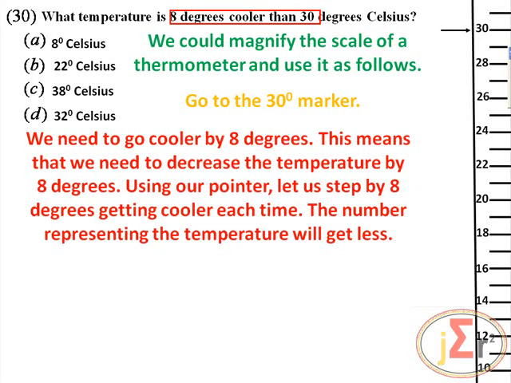Using our pointer, let us step by 8 degrees, getting cooler each time. The number representing the temperature will get less. So for a cooler temperature, we will have a smaller number, and we are going cooler by 8 degrees. Therefore, we will step down 8 degrees.